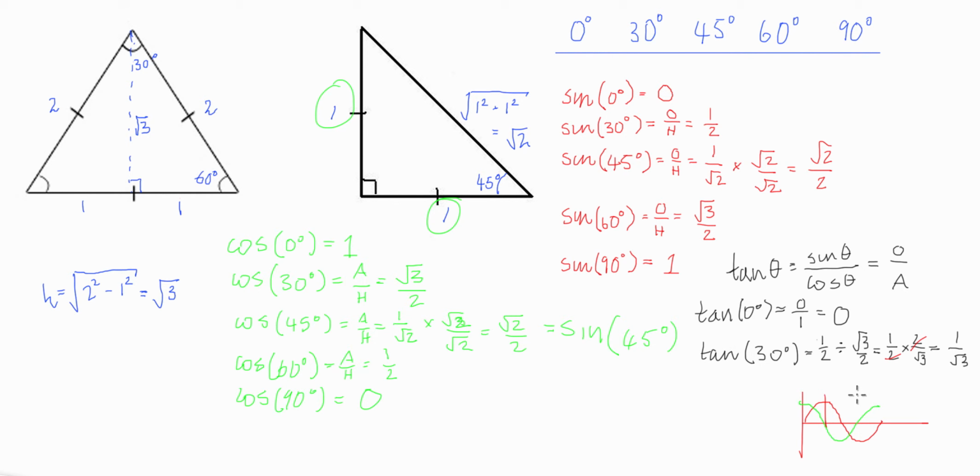Cool. Now, let's get rid of this. Cool. So, moving on, tan of 45 degrees is equal to the sine of 45, or root 2 over 2, divided by the cosine of 45, which is root 2 over 2. And anything divided by itself is just equal to 1.